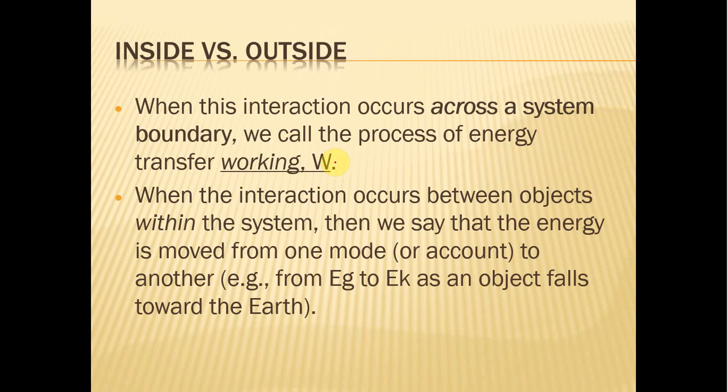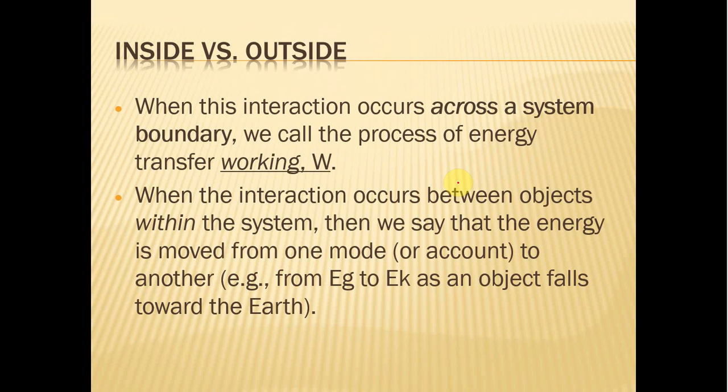When the interaction occurs between objects within the system, then the energy is moved from one mode to another, and in that case we don't have to identify the force that's causing the working to be done. That'll make sense in just a little bit. So it's about energy definitions.